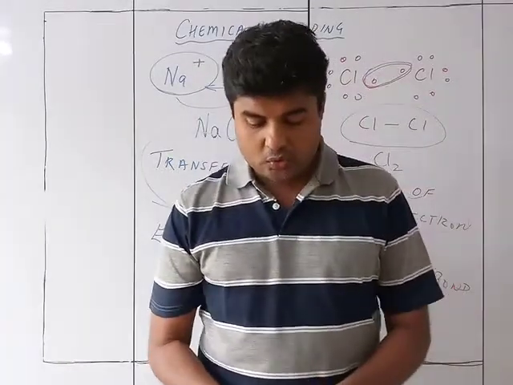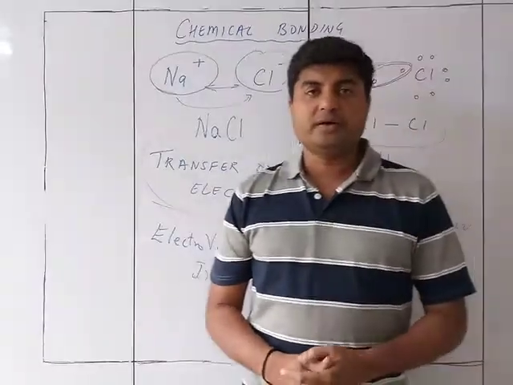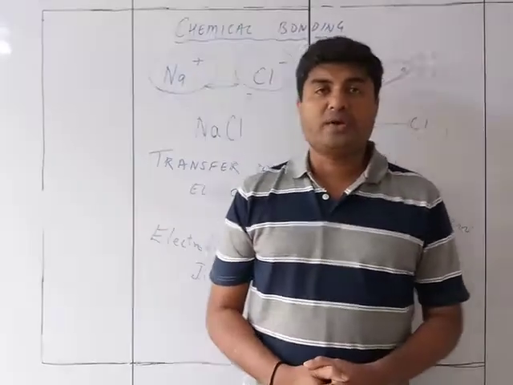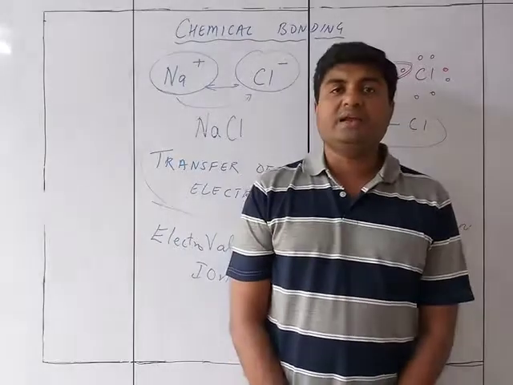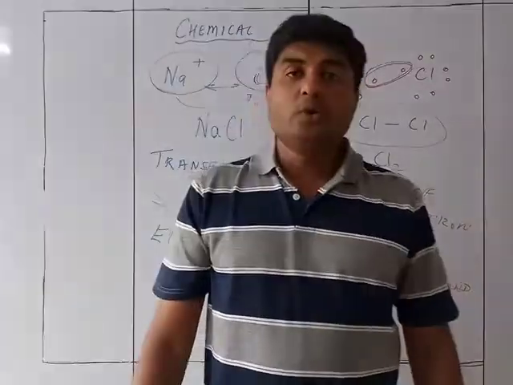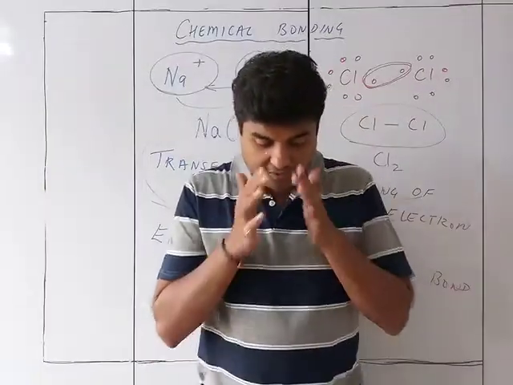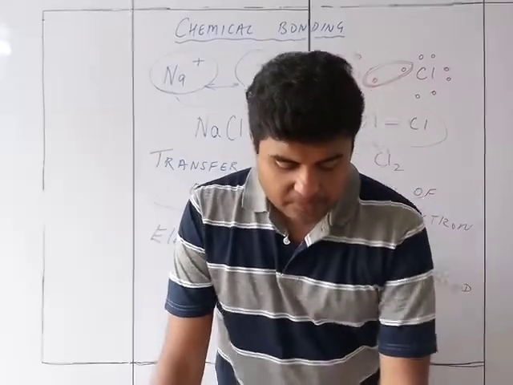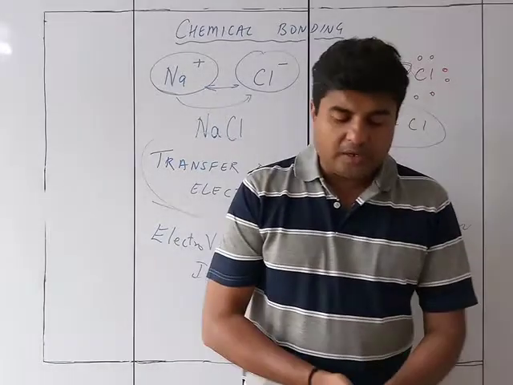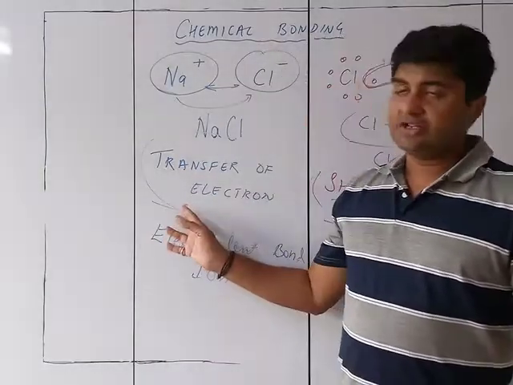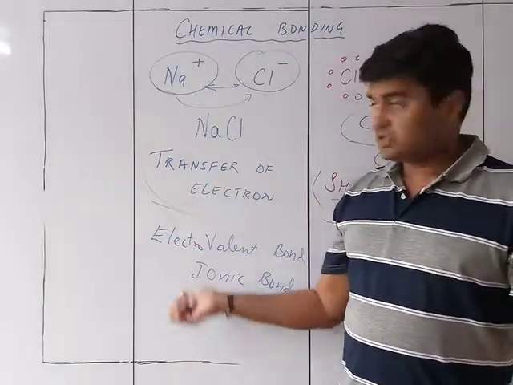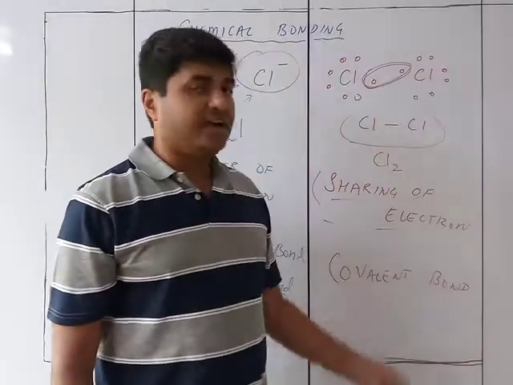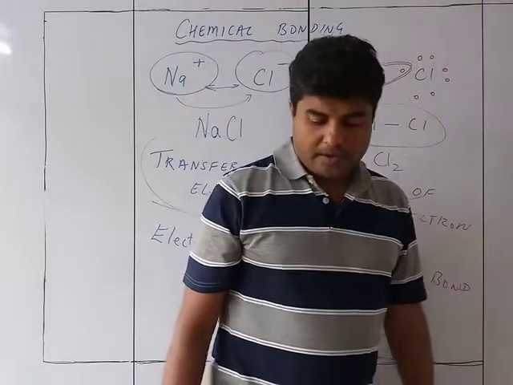So they will use some other method by which they can become a stable electronic configuration. That means having 8 electrons in outermost orbit, or 2 electrons if it is only the first orbit. So the method will be either electron transfer, that is electrovalent bond or ionic bond, or it is by sharing of electrons, that is covalent bond.